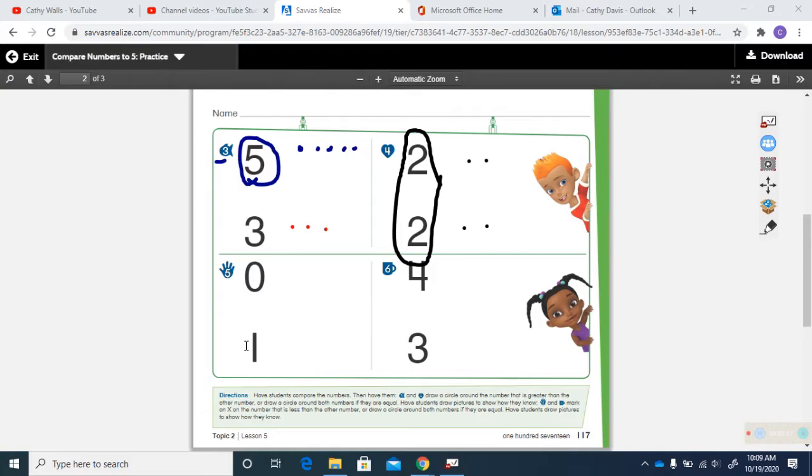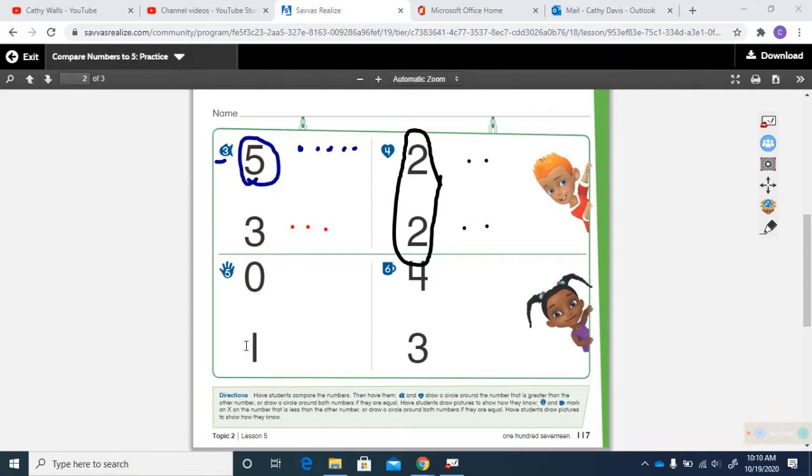In other words, look at them each and see if they're the same or if they're different. The 0 and the 1 are definitely different. Since they're different, we know they are not equal. They're not the same. 0 is smaller and 1 is bigger. The smaller one is less than the bigger one.